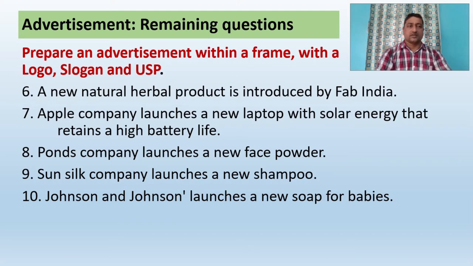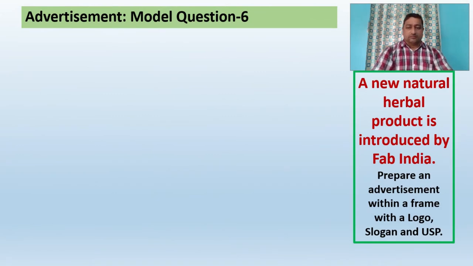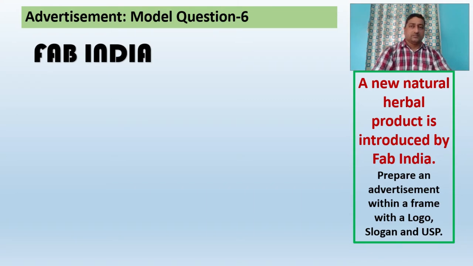Let's come to the first one of today's video: a new natural herbal product is introduced by Fab India. So look at this. As a first thing, we need Fab India, the company name. That is the first detail we have to enter.